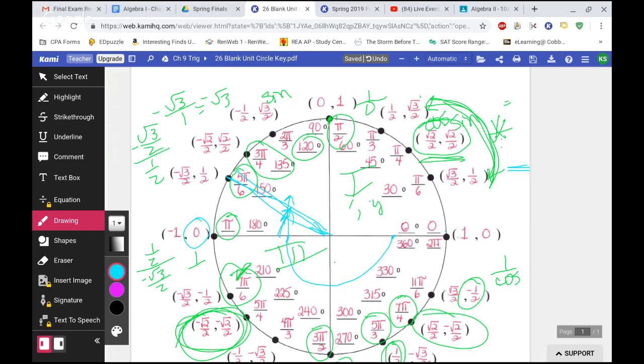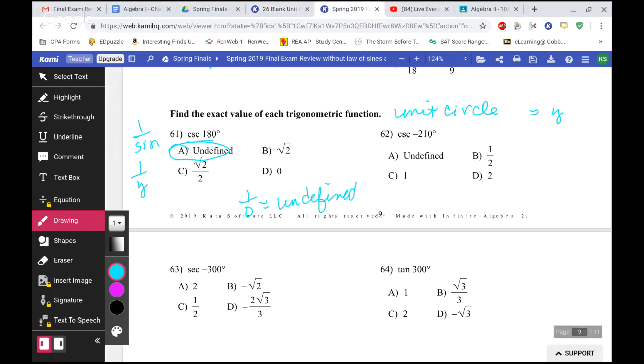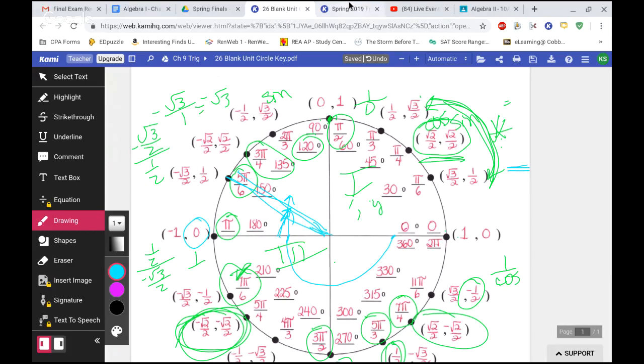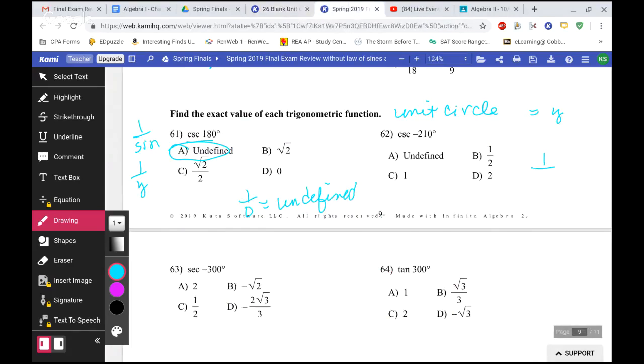Which is 150. So then I'm looking at cosecant, which once again is 1 over y, and y in this case is 1/2.